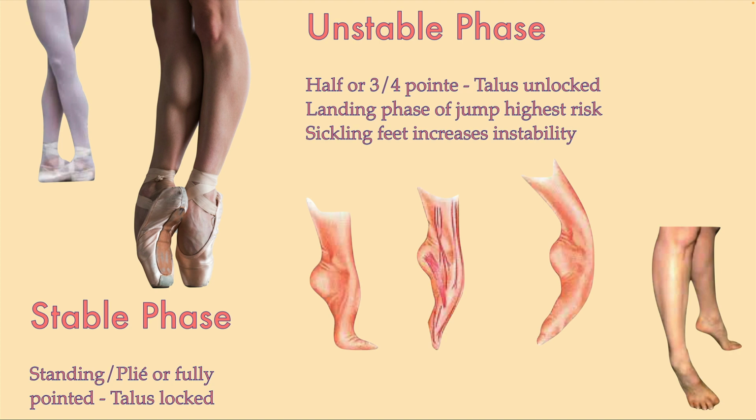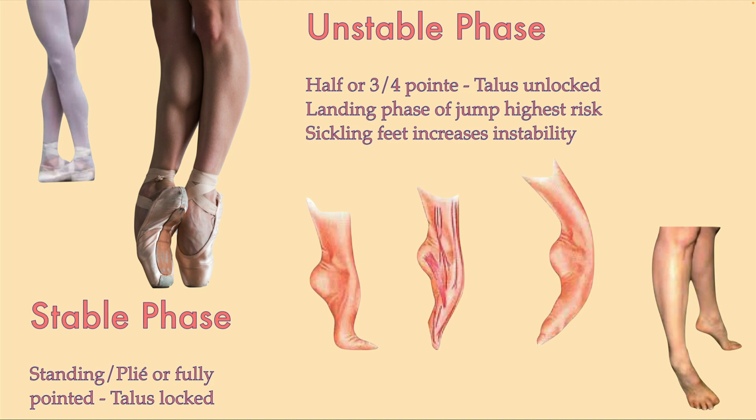That talus is held quite securely in its little archway. Similarly, if you're in the fully pointed position, so if you're a classical dancer standing on point, or if your foot is fully pointed in the air, say in a jump, again, there is a sort of locking mechanism that actually makes that quite a stable position.